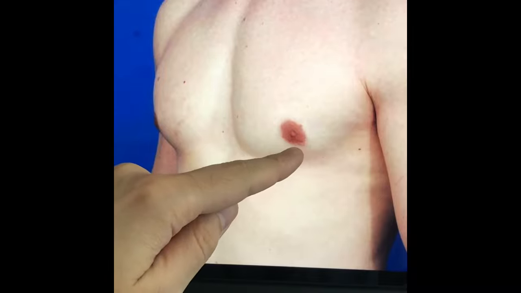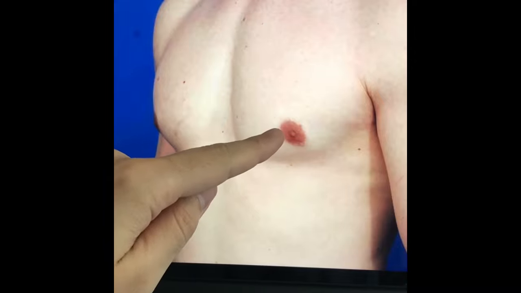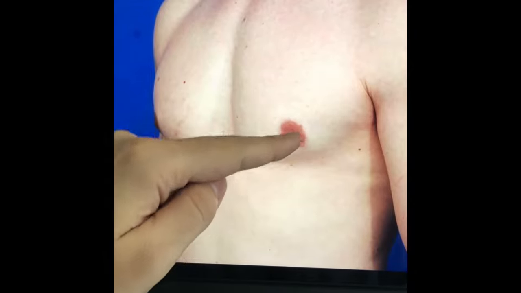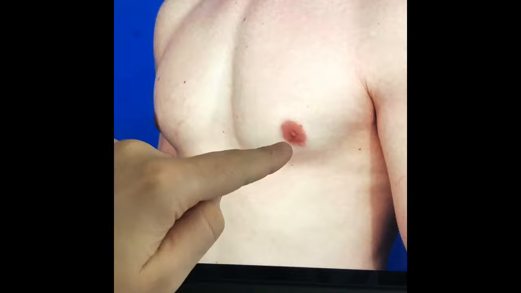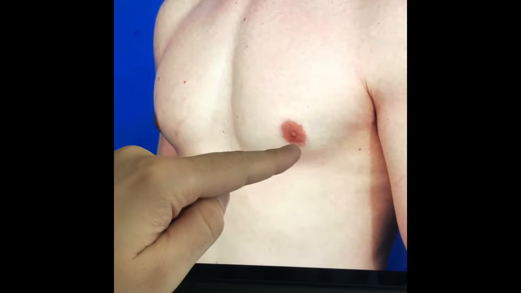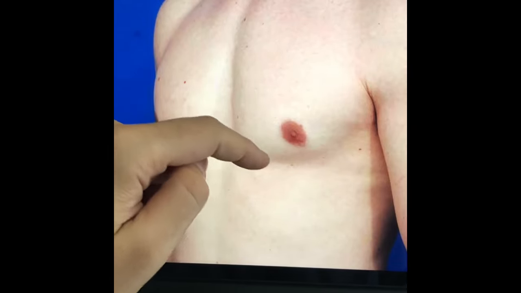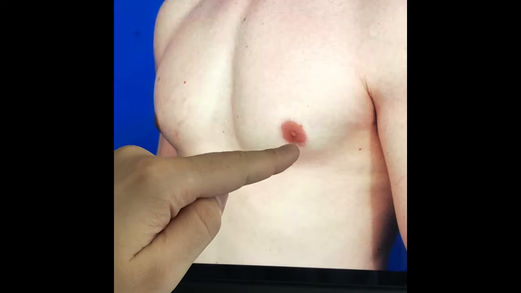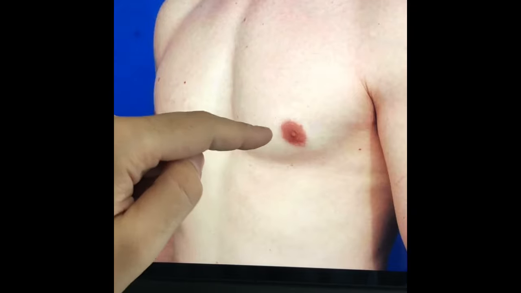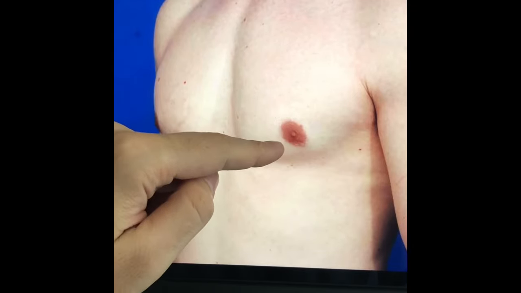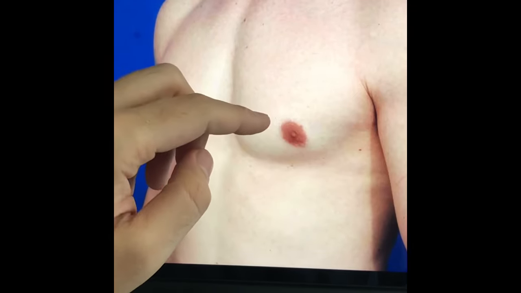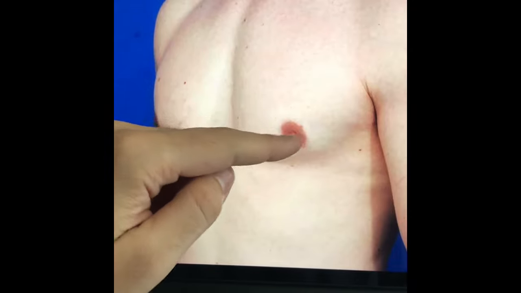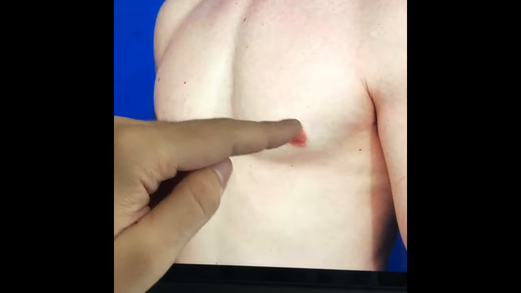You should know that I don't like to do a scar that is linear, perfectly like this, because if you do it perfectly like this, you'll have a difference in the lower pole than in the upper pole. And I always strive to do it like this, because in this way the alignment of the scar will make the borders of the areola look not perfectly round.